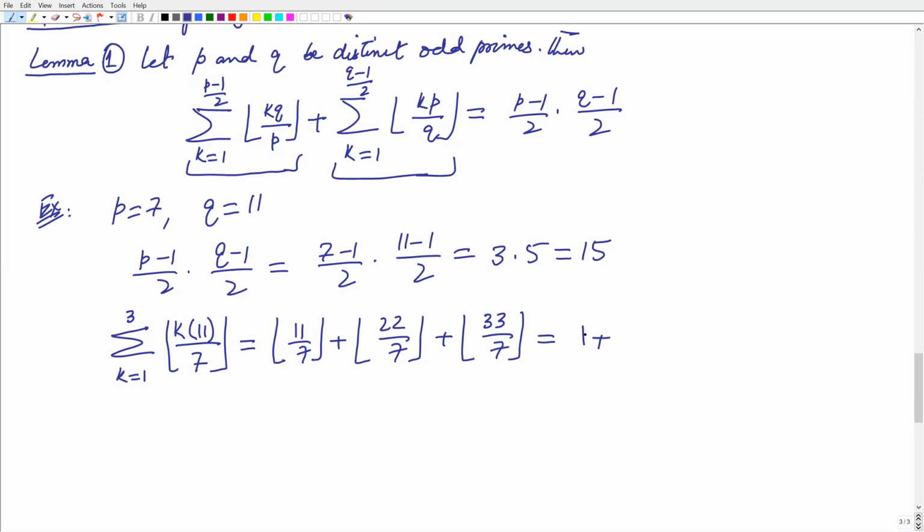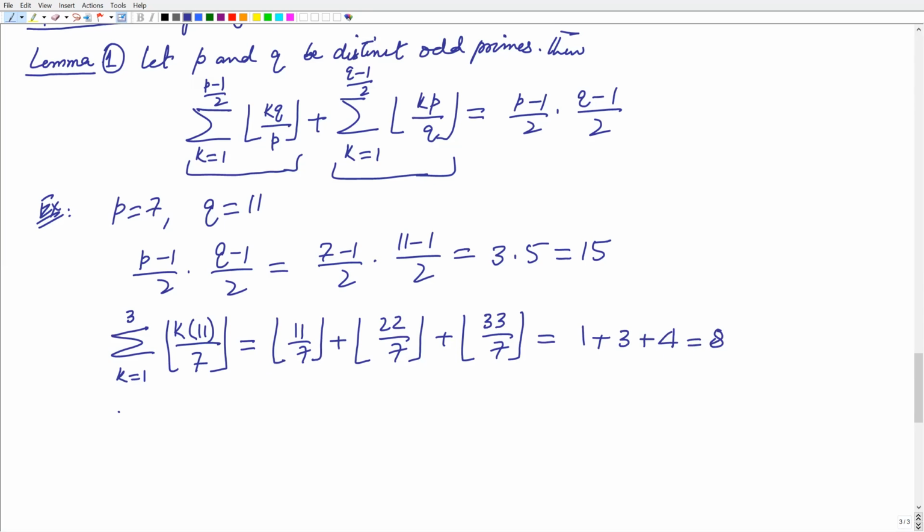Okay, and 22 by 7: the floor is 3 because 7 times 3 is 21. And the floor of 33 by 7 is 4 here. So when we add them, we get 8.